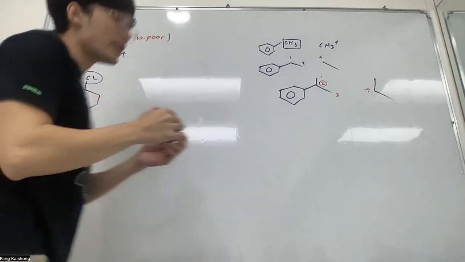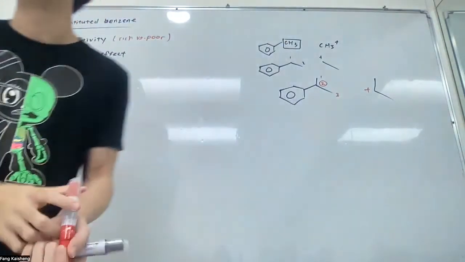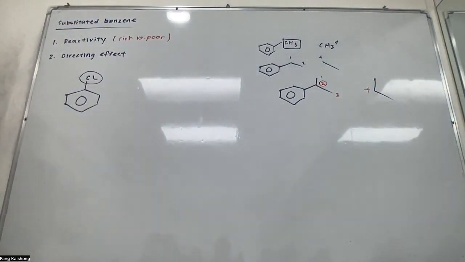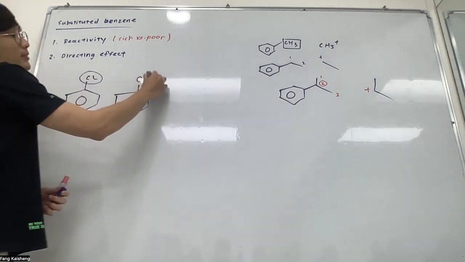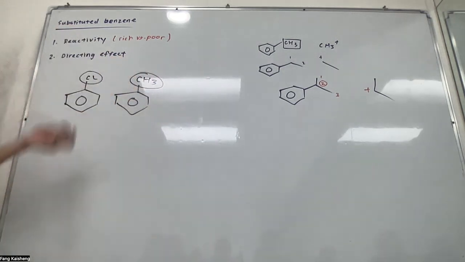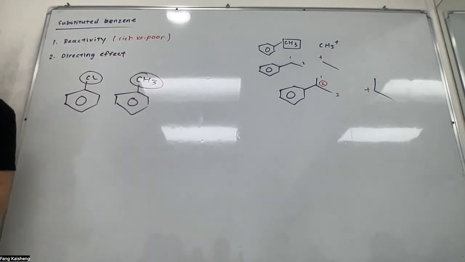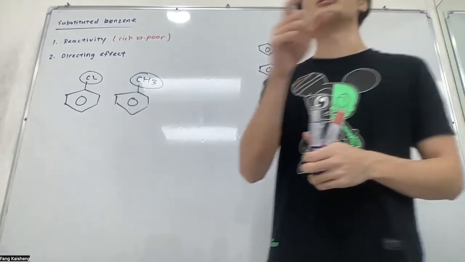We know that in organic chemistry, we are going to attack from rich to poor. That's the rule that you can never change. But sometimes, with all these additional weird stuff, I can even have my alkyl group CH3 bonded onto it. This alkyl group can have effects on the benzene. It can make benzene... Okay guys, is benzene rich or is it poor? Just to get this clear first. Is benzene a rich species or poor species?